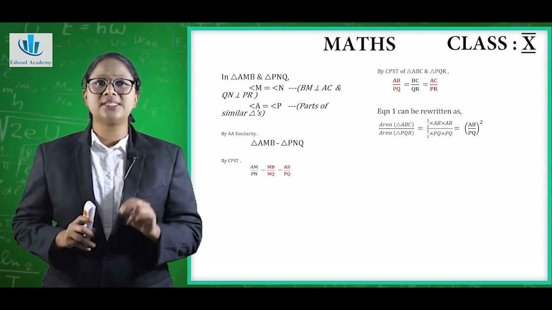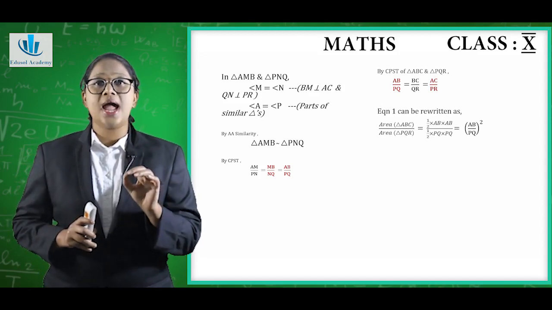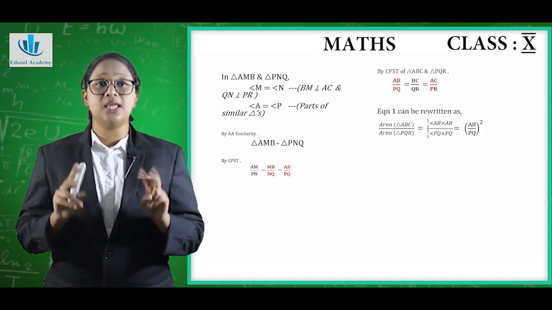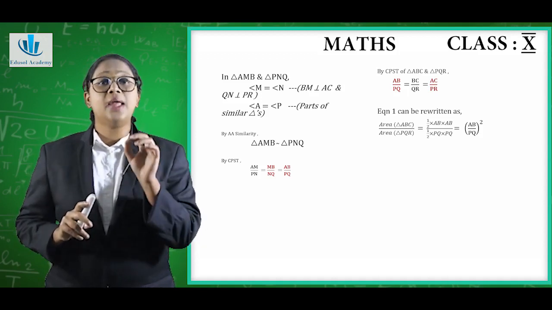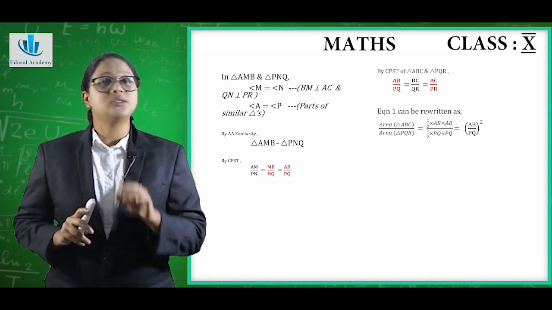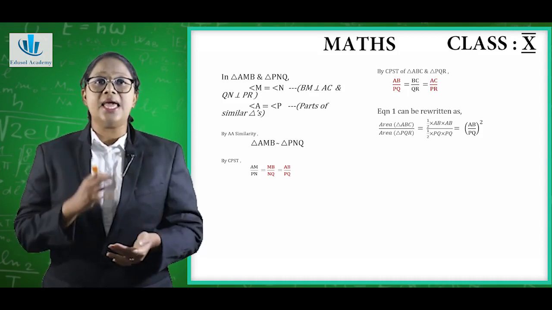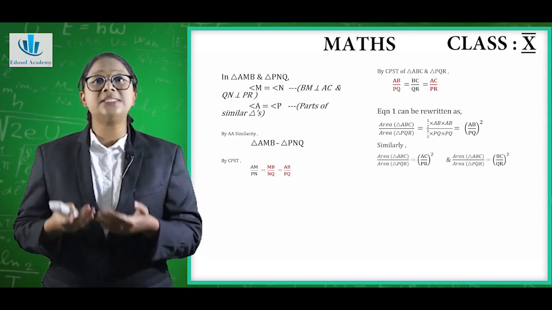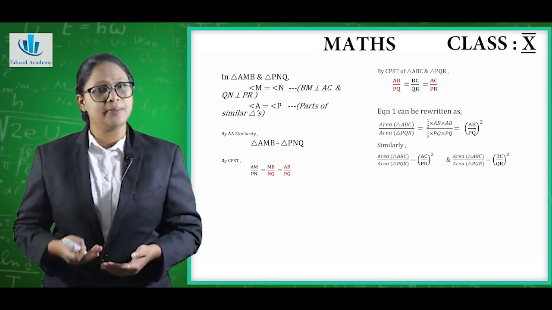Now let's compare the two CPST equations. We have to replace MB by NQ and AC by PR. And we can see that in both the CPST equations, we have AB by PQ as common. So simply we can replace MB by NQ with AB by PQ and AC by PR with AB by PQ.